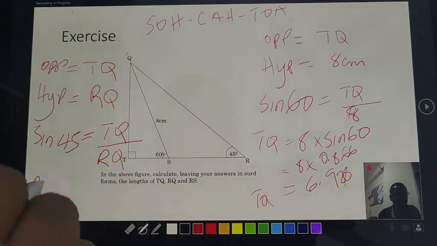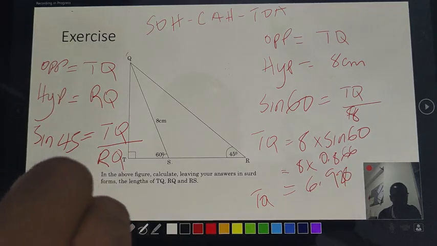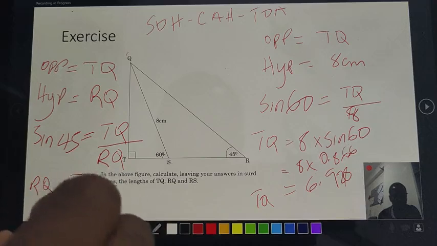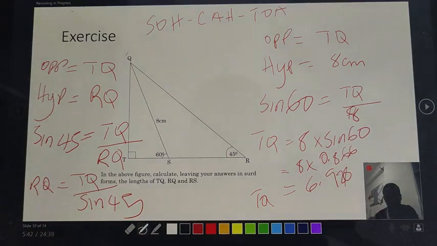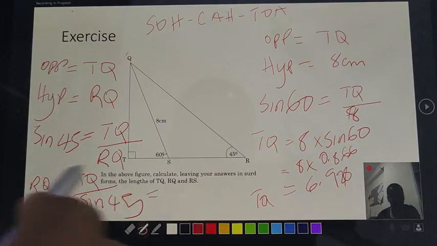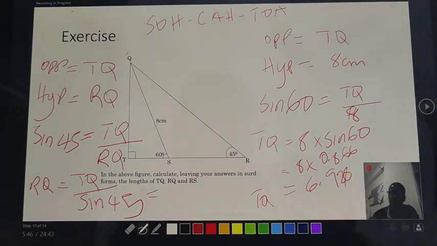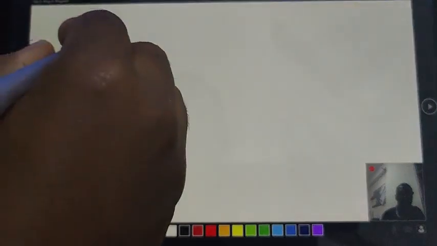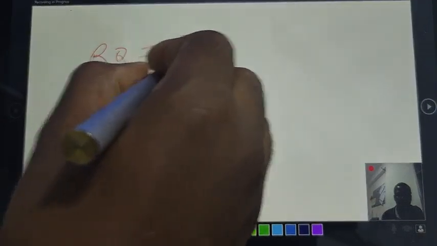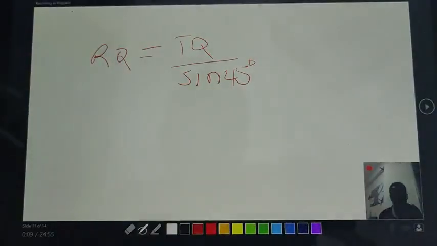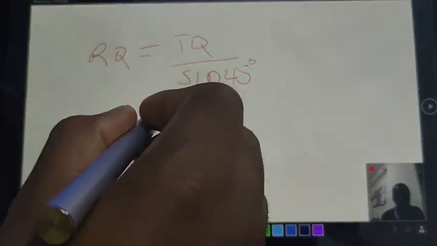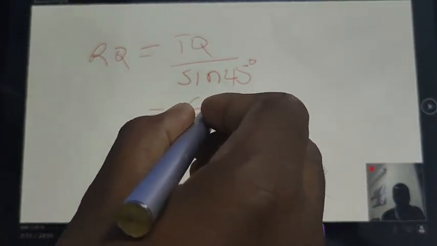RQ will be equal to TQ over sine 45. So we are saying RQ will be equal to TQ over sine 45, and TQ we found earlier is 6.928.